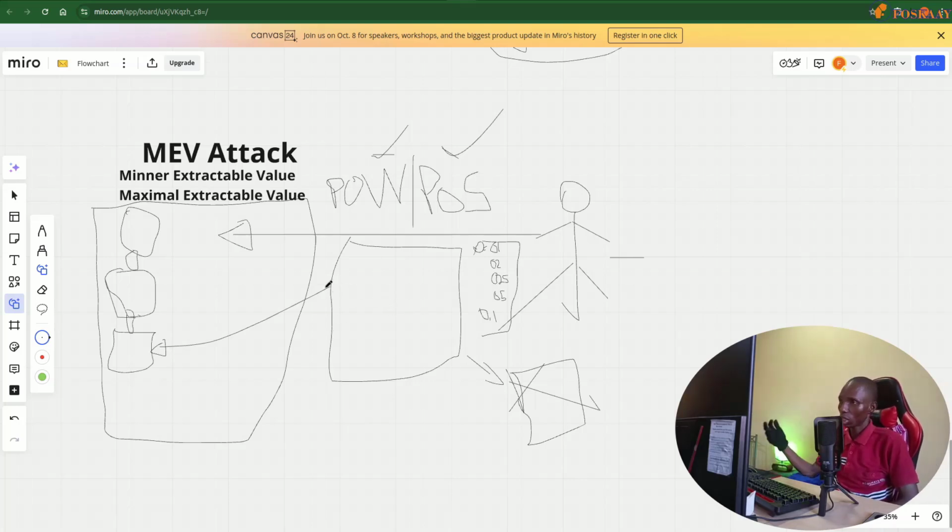And some blockchains are trying their best to get rid of MEV because, like I said, it could cause fees to skyrocket, as nobody wants their transaction to be delayed, let alone cancelled.